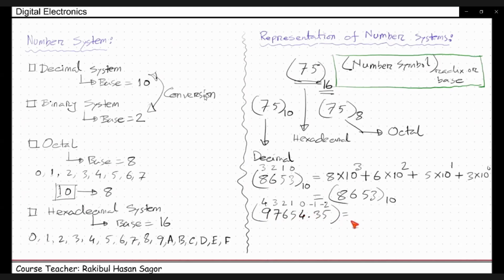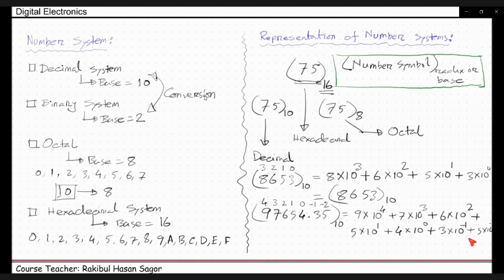So if we represent this number as the sum of values of each digit, it can be represented in this way: 9 into base to the power position value, plus 7 into base, which means this is a base 10 number, position value, plus 6 into base to the power 2, plus 5 into base to the power 1, plus 4 into base to the power 0, plus 3 into base to the power -1 to represent this fractional number, plus 5 into base to the power -2.